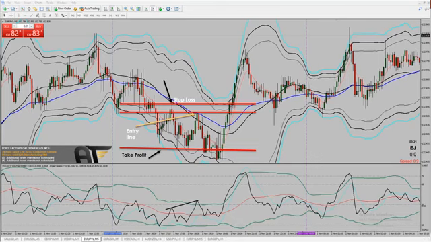Now if you want, when this trade comes down to your take profit, we can set our stop so that it's a risk-free trade. Sometimes when the breakouts happen, these trades can go for 200, 300 pips. So we'll check this out later in the video series though.